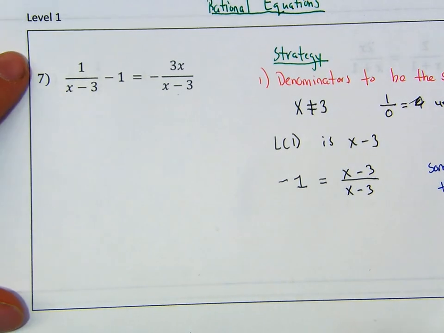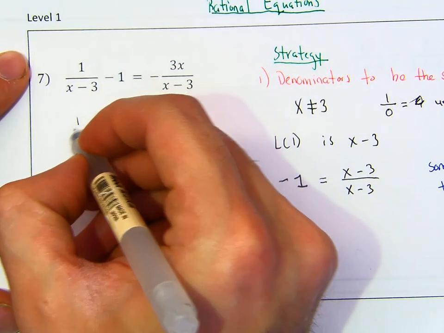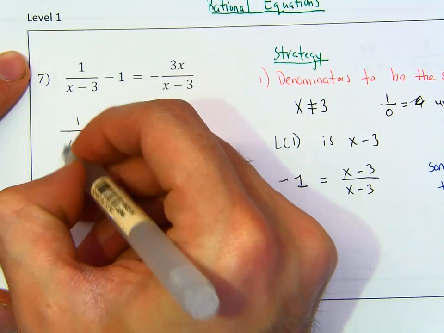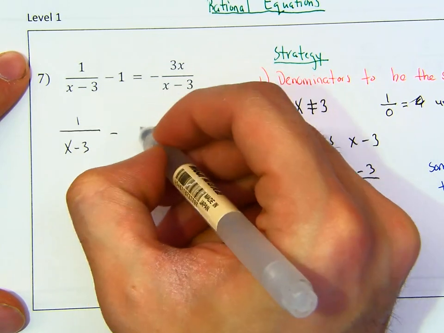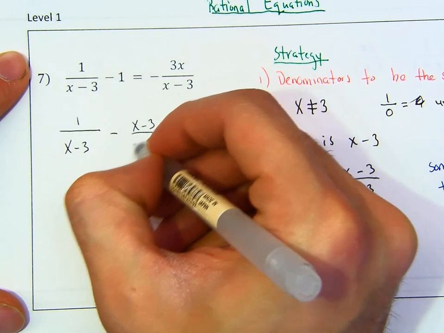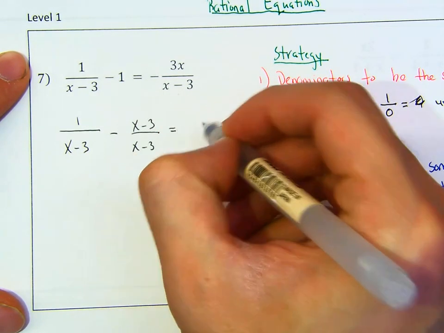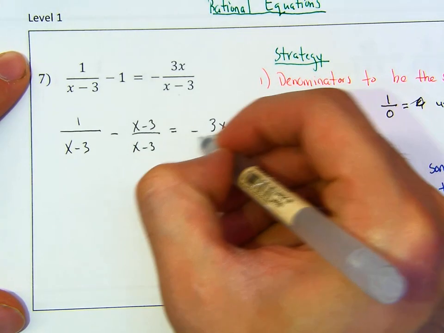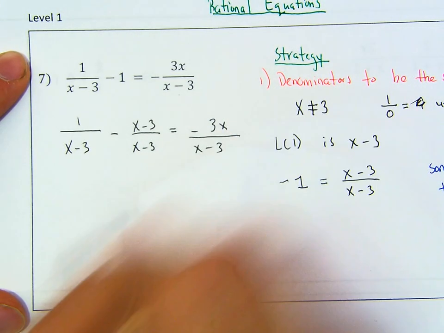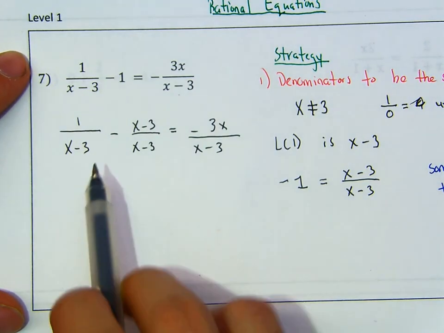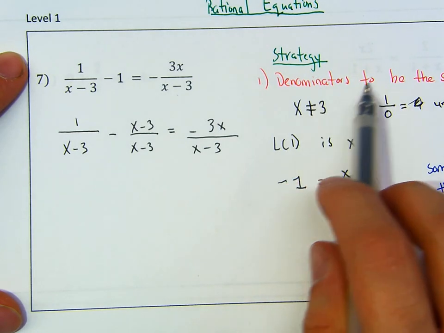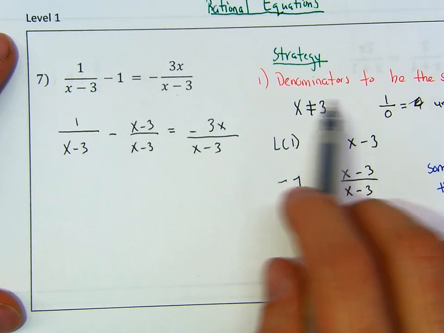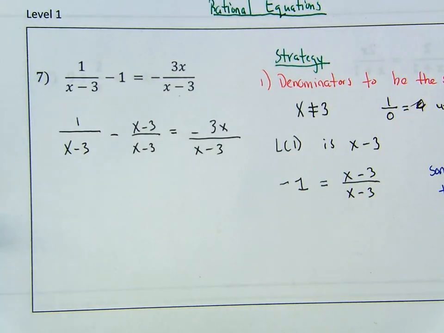So then here, we're just going to rewrite the problem. So this is 1 over x minus 3 minus x minus 3 over x minus 3 equals negative 3x over x minus 3. Okay? Now, we accomplished the part of getting the denominators to be the same, but why did we want the denominators to be the same?